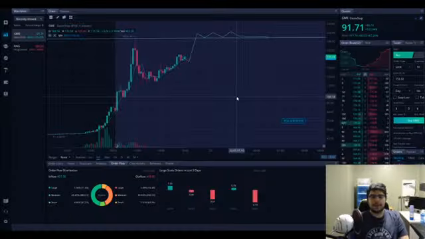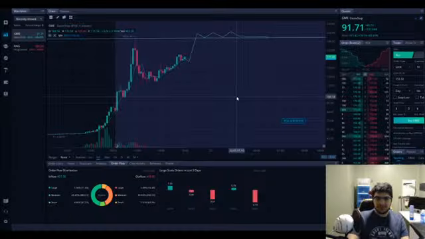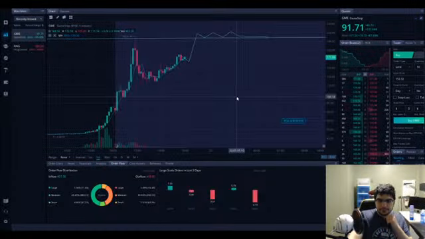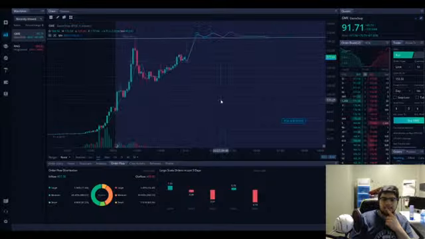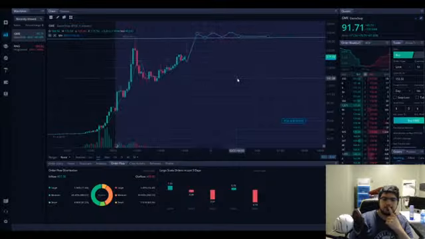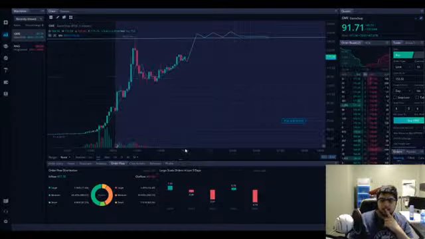Couldn't be more excited. Let's see the pullback. Come on, let's see the second entry. Oh my god, I'm so excited. Come on, you can do it. Maybe on the next candle. 605.